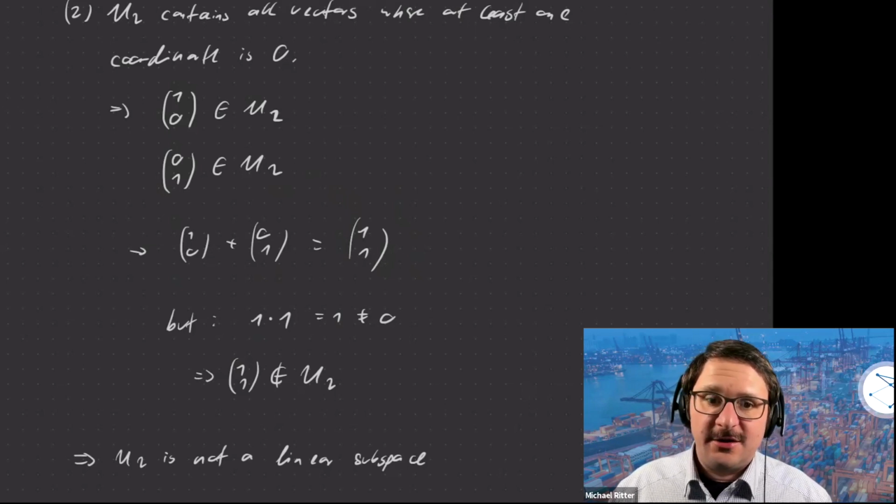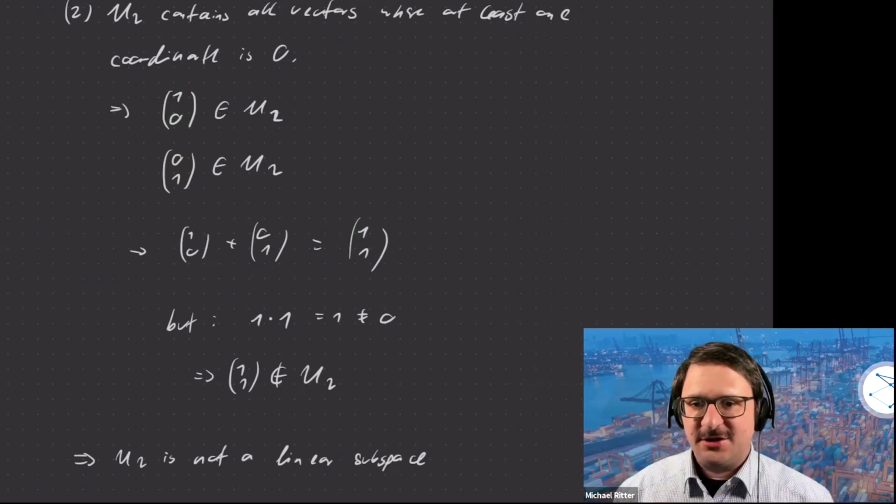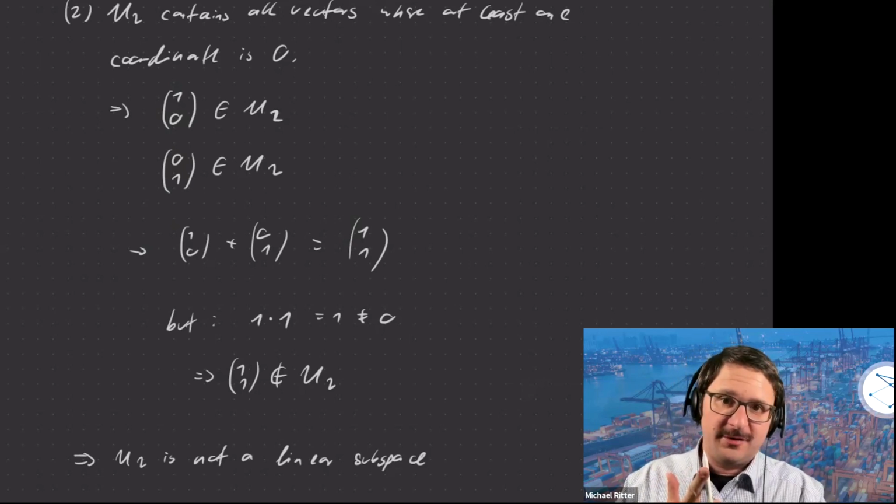The reason why I use a 0 vector is twofold. The first is, of course, usually verifying these properties is easy for the 0 vector. 0 something is usually the easiest you can have. And the second, more important reason for me doing this with a 0 vector is if the 0 vector is not contained, then I have my counterexample right away. Every linear subspace needs to contain the 0 vector.